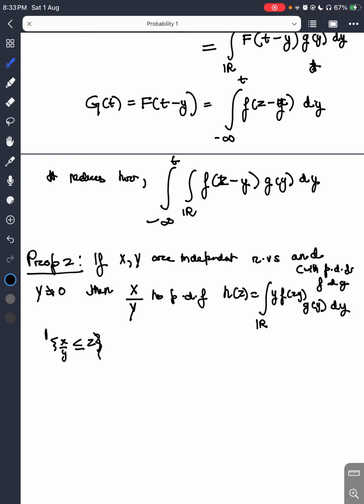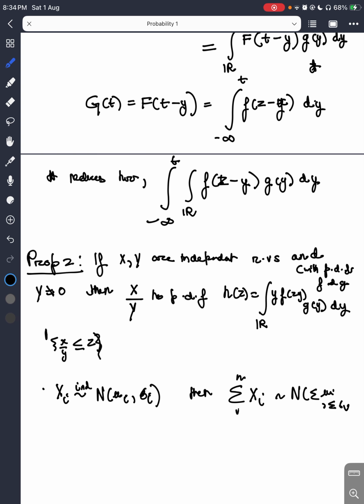Although tedious and we won't do it now, if Xi are independent following normal distribution, suppose, so let us use this notation, Xi follows N(mu_i, sigma_i), then using this recipe one can prove, although the calculations are tedious, that the summation of Xi, i from 1 to n, follows normal with summation mu_i and summation sigma_i.